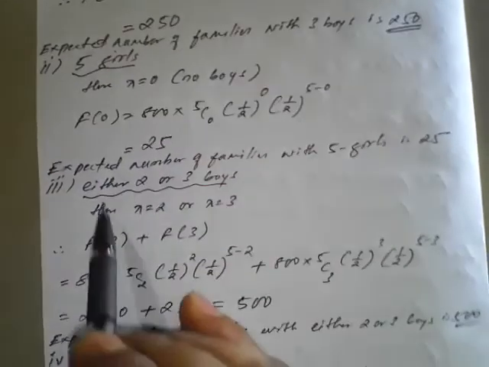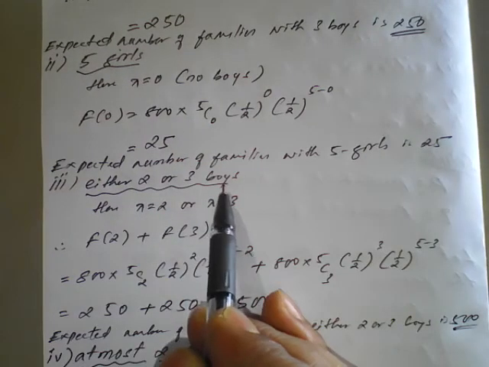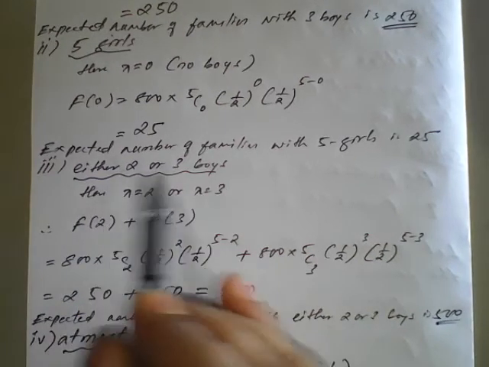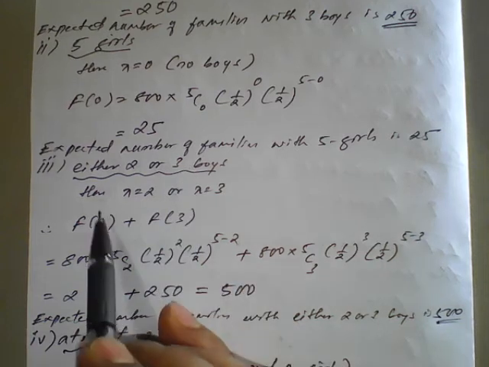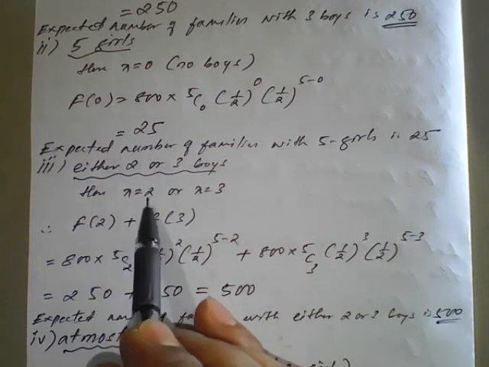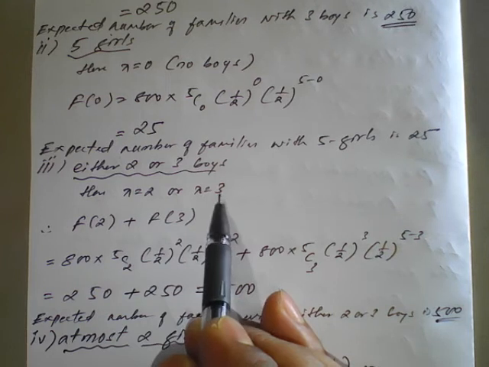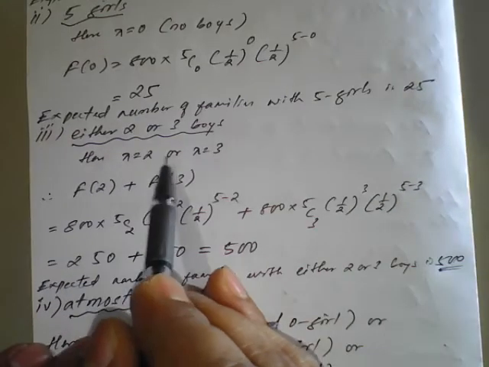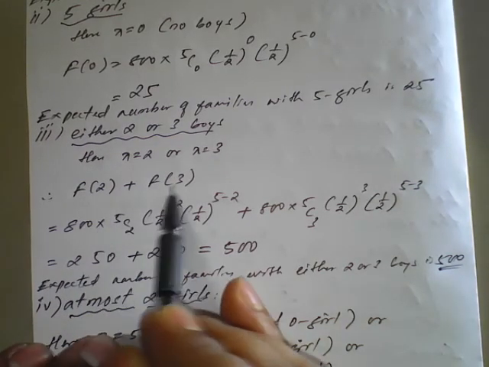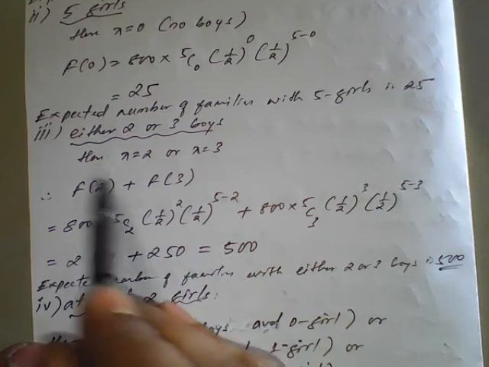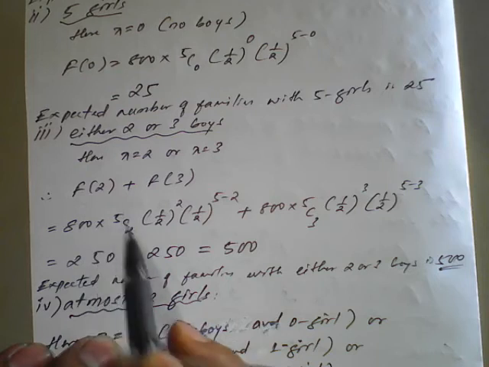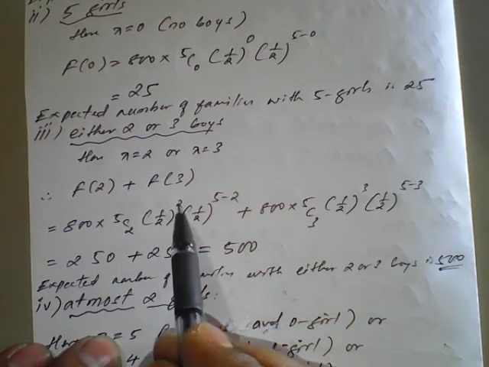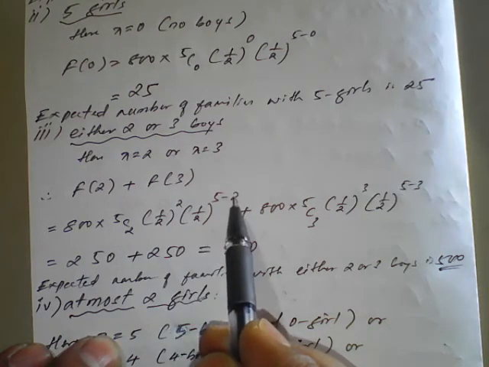Third one, either 2 or 3 boys. Out of 5, 2 or 3 boys, so x may be 2 or x may be 3. Because of the or, it will become f of 2 plus f of 3. For x as 2, we get 800 into 5C2, 1 by 2 raised to 2, 1 by 2 raised to 5 minus 2.